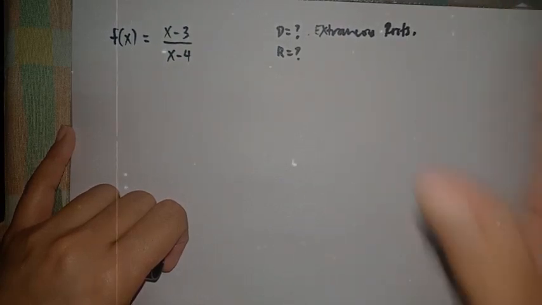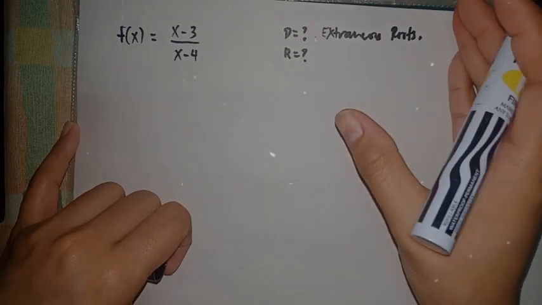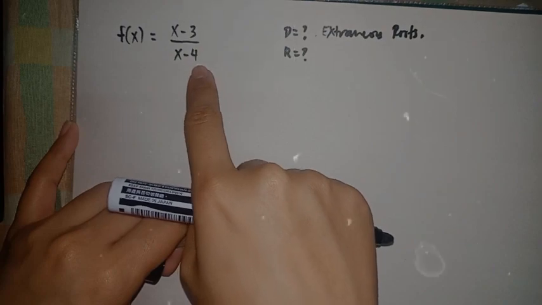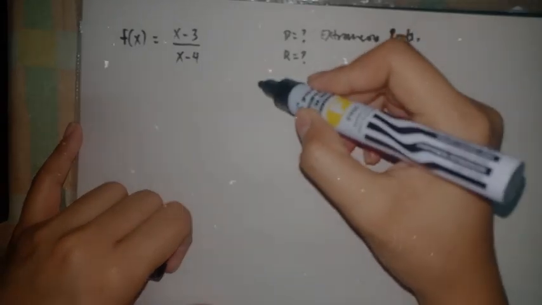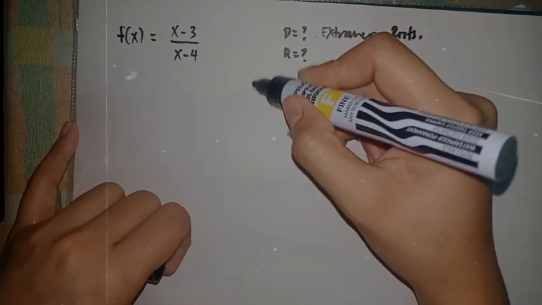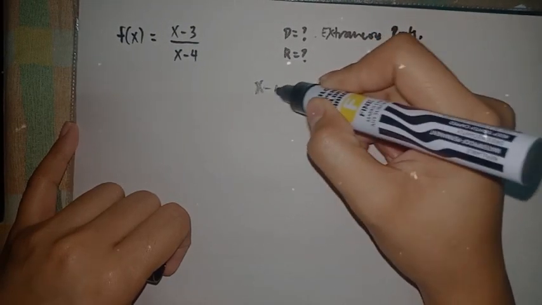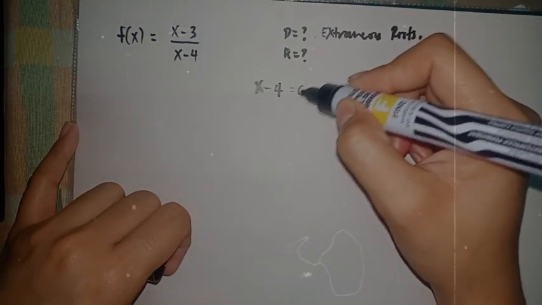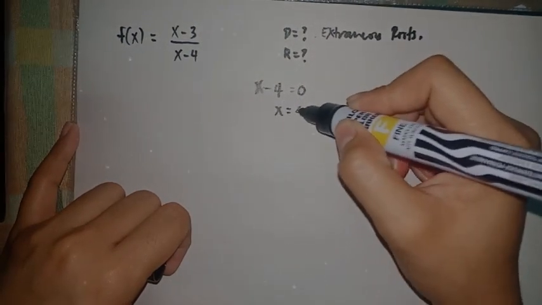Where can we find the extraneous roots? Extraneous roots can be found in our denominator. So let's take out first our denominator, x minus 4. Then zero product property, equate this to 0, then the value of x is equal to 4.